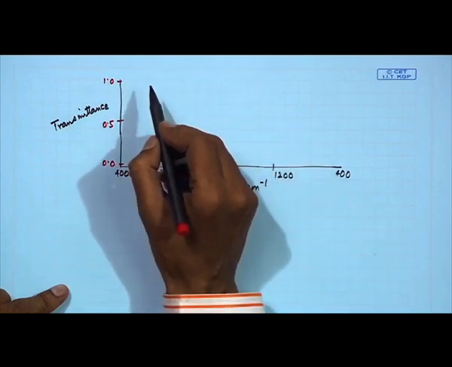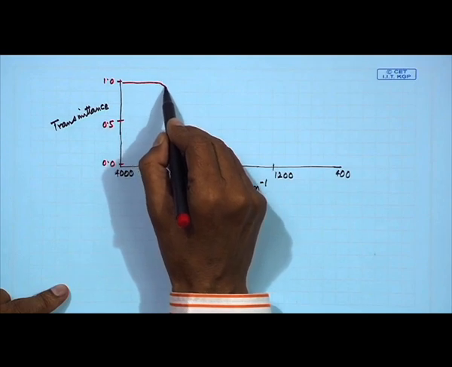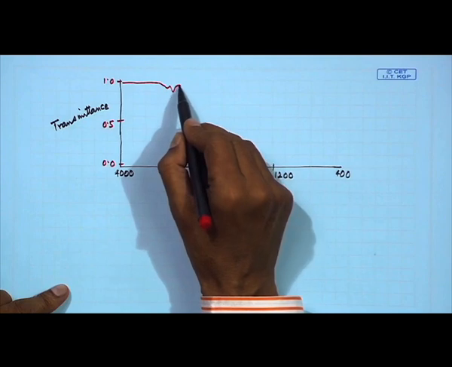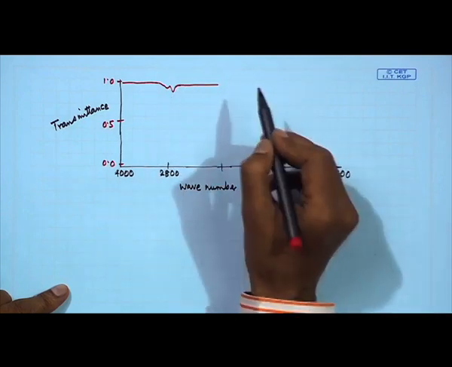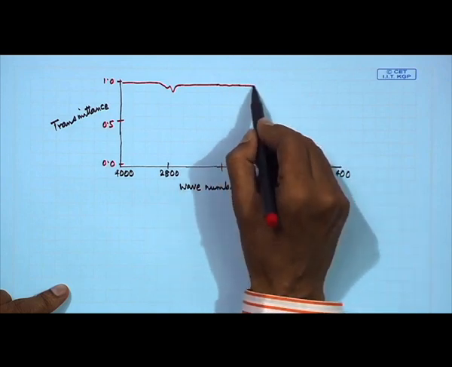So, in this particular range what we get, some small peaks at 2800, then we scan up to 1200.